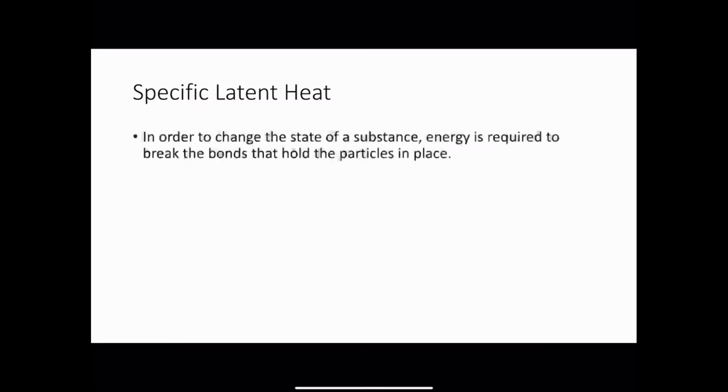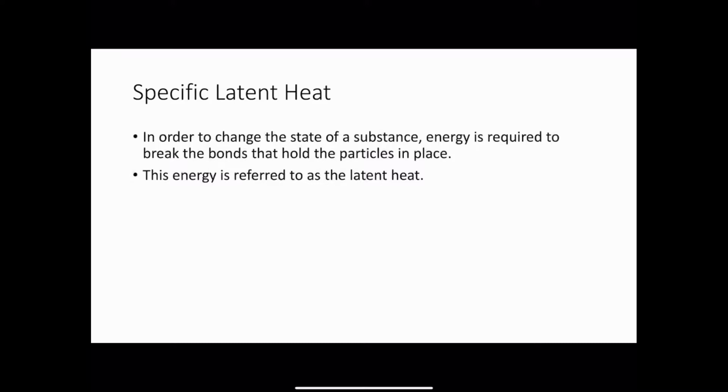That's when we have to specifically think about the breaking of the bonds inside particles. So in order to break bonds in a particle, we obviously need to have some kind of energy. And that energy is referred to as the latent heat.